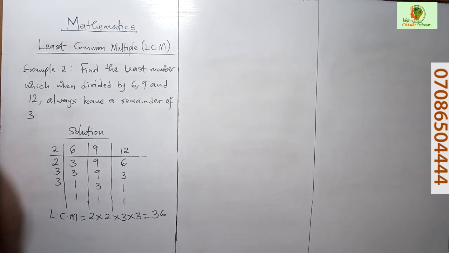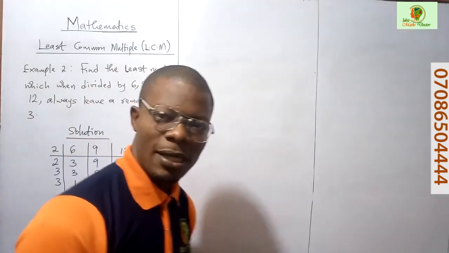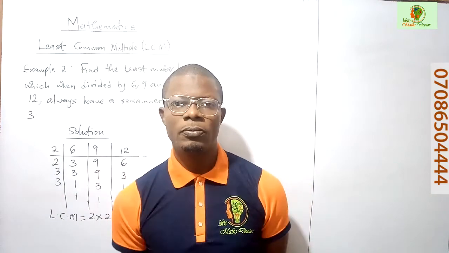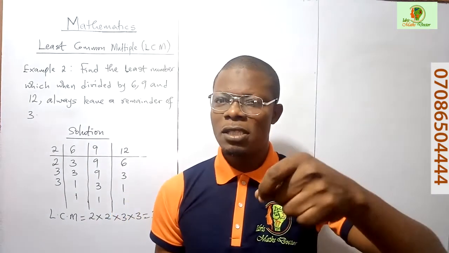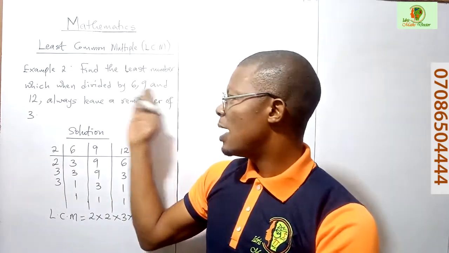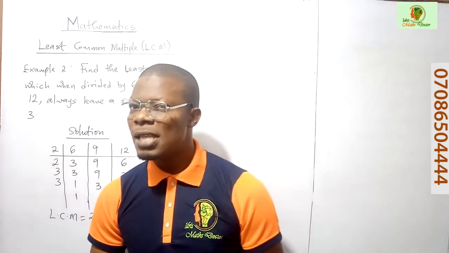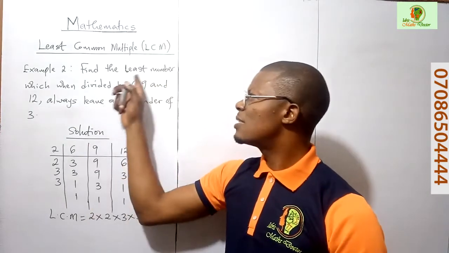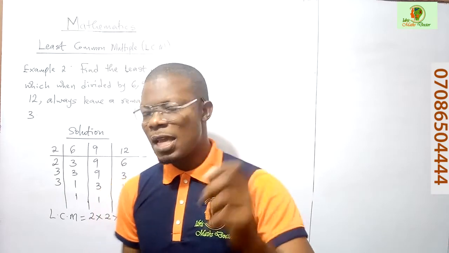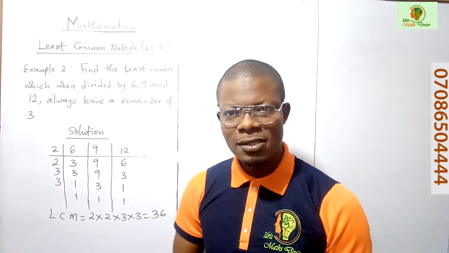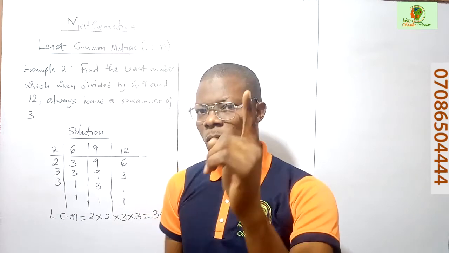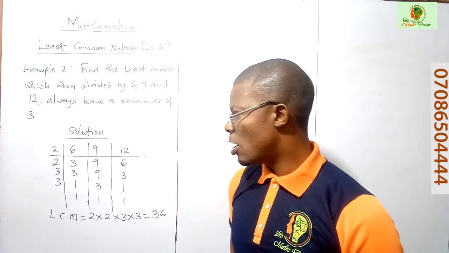This is the LCM. But is this the answer to the question? No. The question did not ask us to find the LCM of 6, 9, and 12. They said we should find the least number, a particular number that when you divide it by 6, by 9, and by 12, will always leave a remainder of 3.